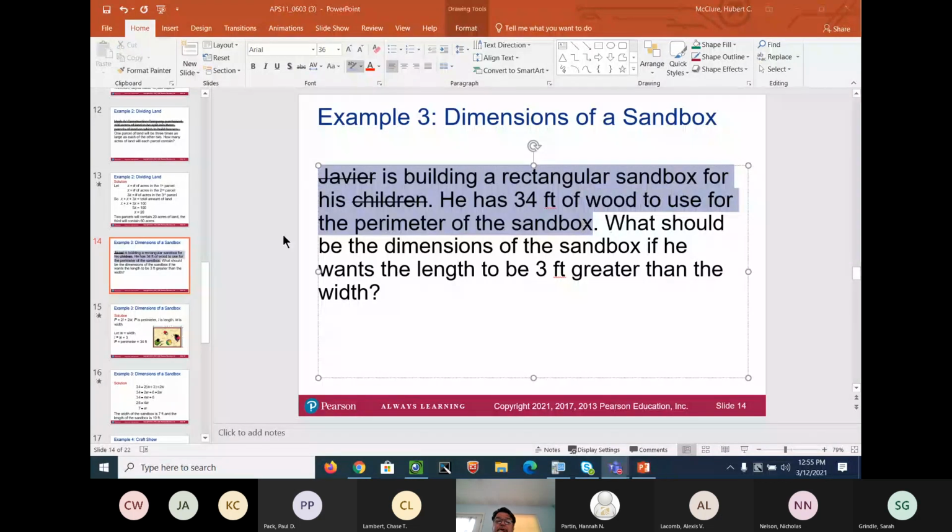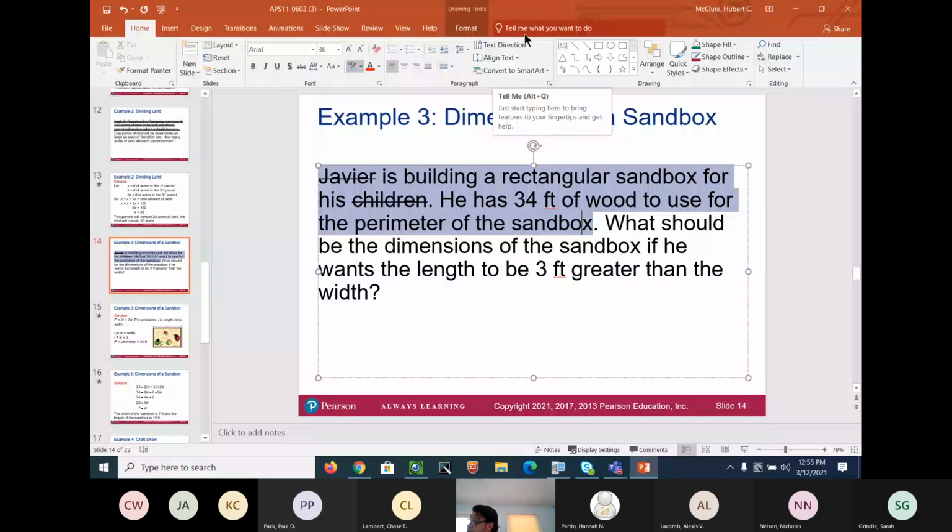What should the dimensions be of the box if he wants the length to be, L equals, 3 foot greater than the width? What did I tell you to do about greater than?